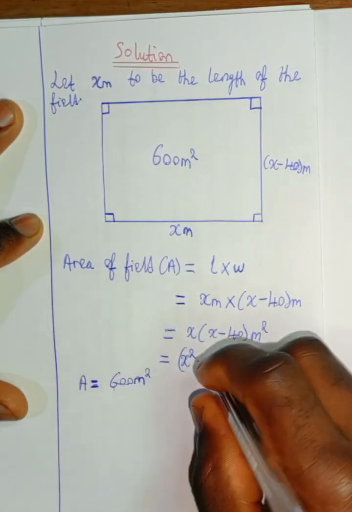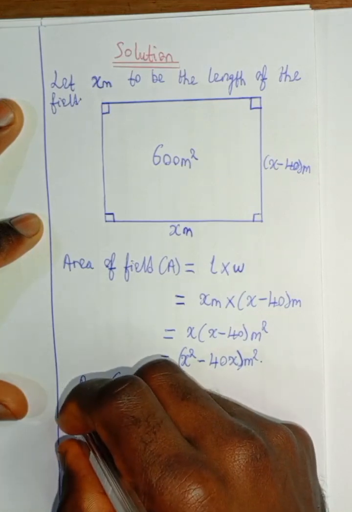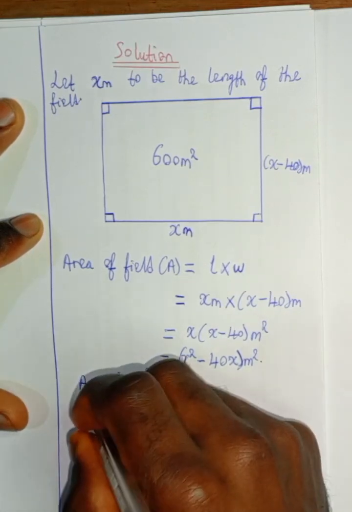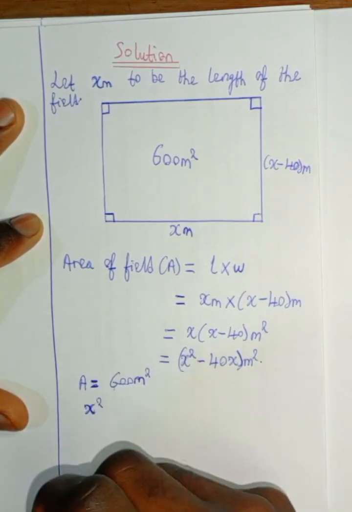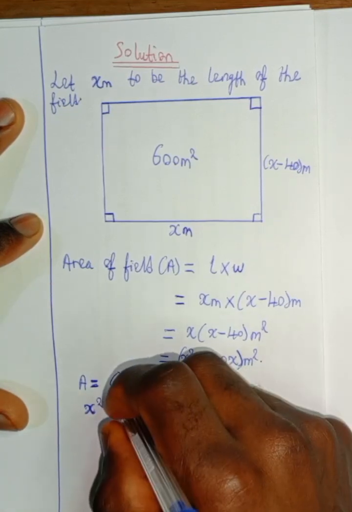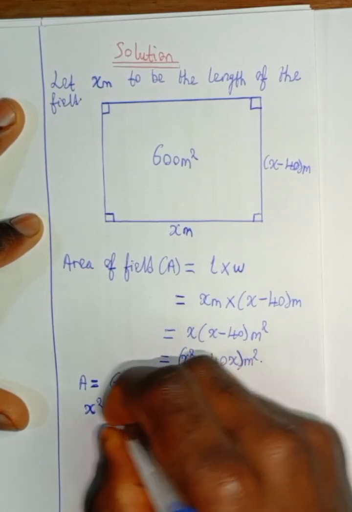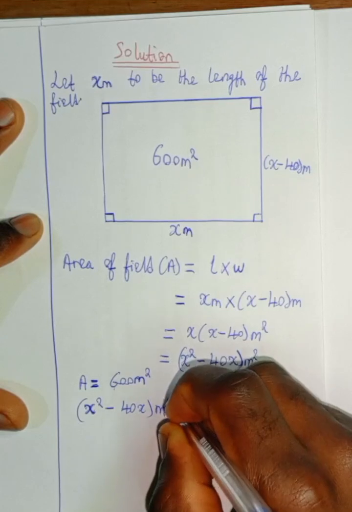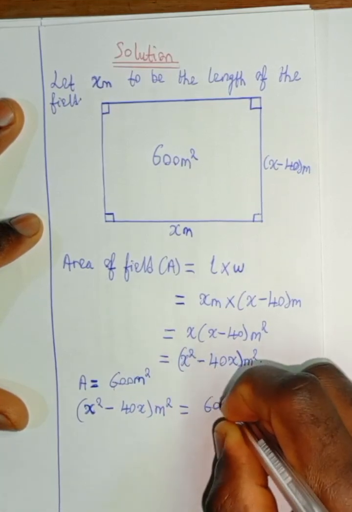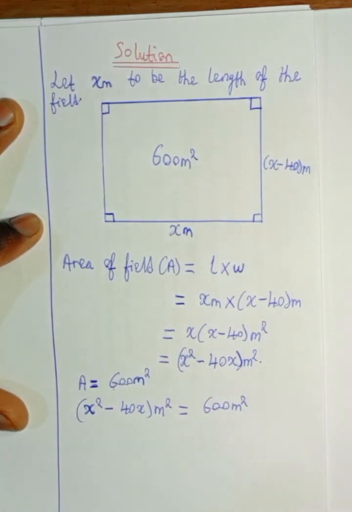So we equate these two. When we equate the two, we obtain x squared minus 40x meters squared is equal to 600 meters squared.